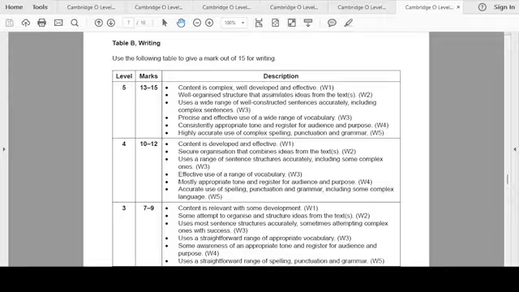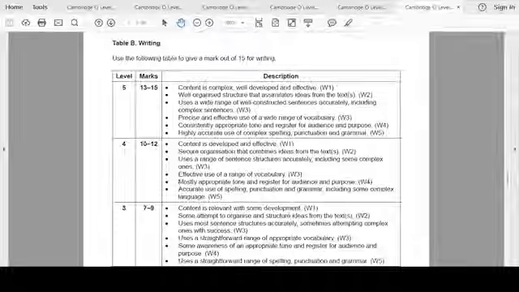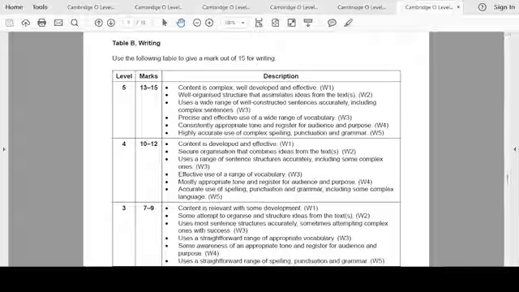So level 5, 13 to 15 marks. What are they expecting for this highest level? Content is complex. Complex meaning it is not written in a straightforward childish manner. It is written in a manner where you know what you're doing. You've weaved together all the information in a proper piece of writing. How do I clarify that further?